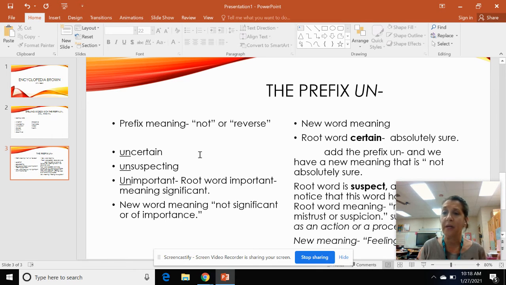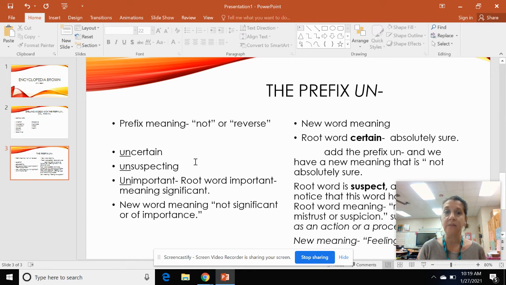Not only do we want to know how to spell these words, but if we are ever looking at a word that is unfamiliar to us, we are able to break it apart, look at what we know as meanings, and put them back together to create new meanings, to increase that brain power, to increase that knowledge. Fabulous. Knowledge is power. So let's take a look at our first 3 words: uncertain, unsuspecting, and unimportant.